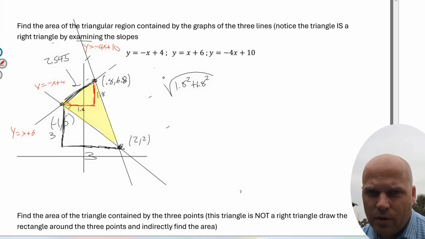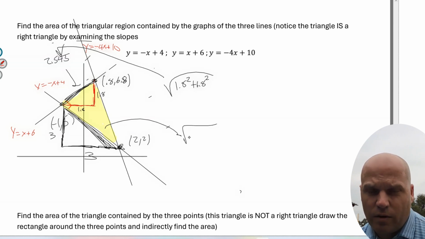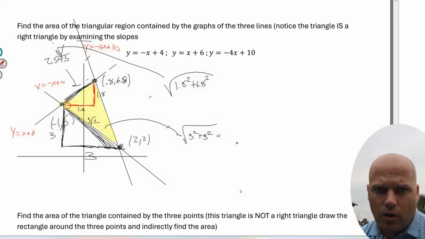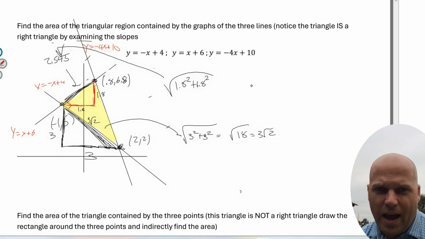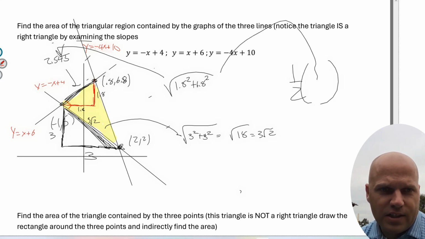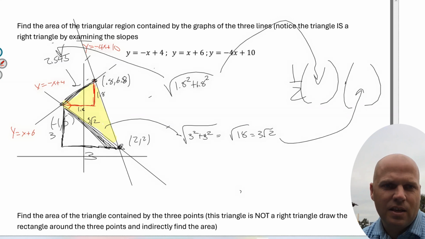So this length here is the square root of 9 plus 9, which is the square root of 18, which is 3 root 2. So we have 1/2 this length times this length.